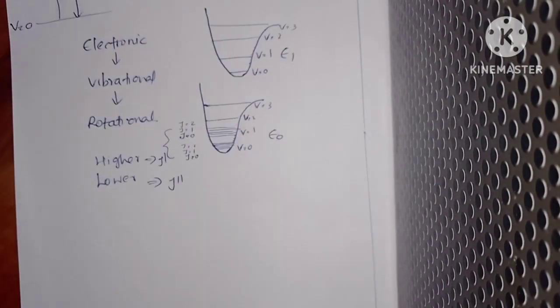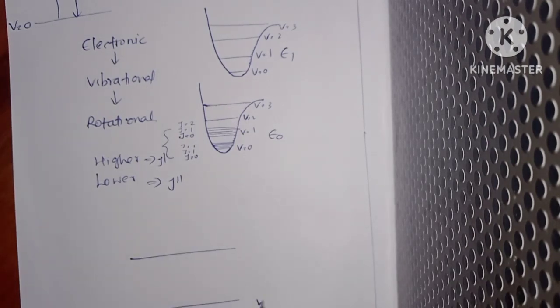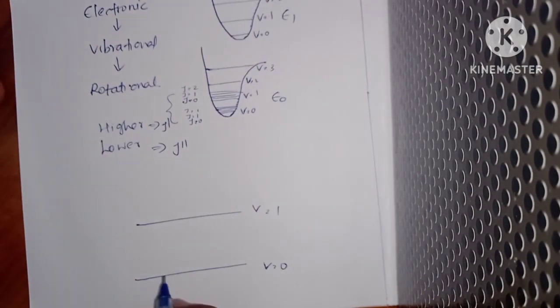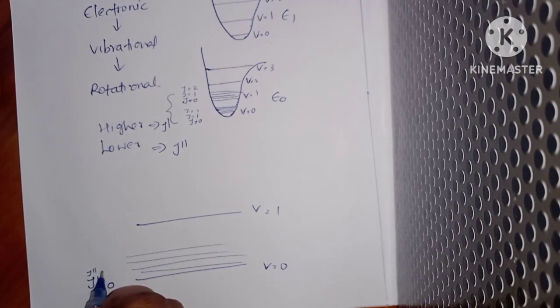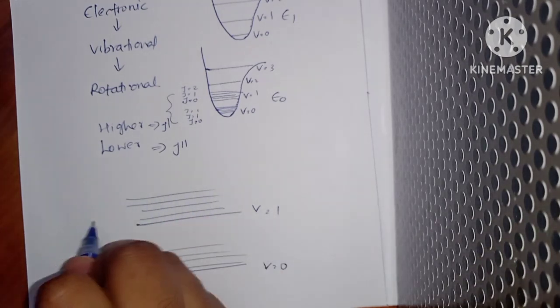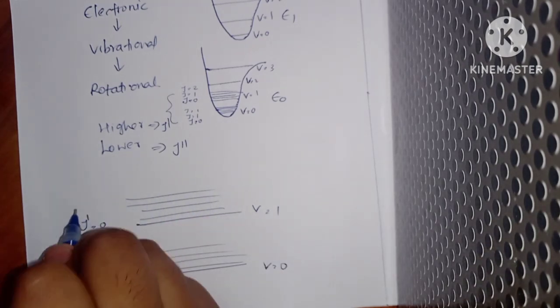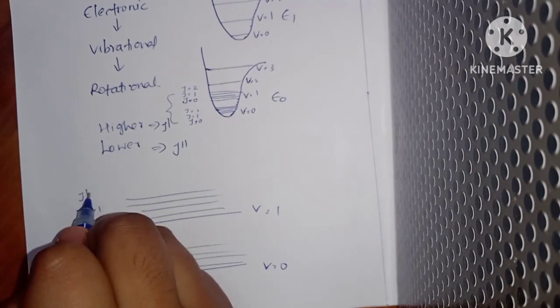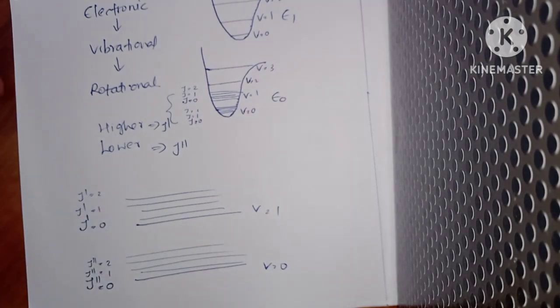Then if we take two vibrational levels, V equal to 0 and V equal to 1, the rotational levels present in the V equal to 0 level can be taken as J double dash equal to 0, J double dash equal to 1, J double dash equal to 2, etc. And for the higher set, it will be J dash equal to 0, J dash equal to 1, J dash equal to 2, like that these levels will go.